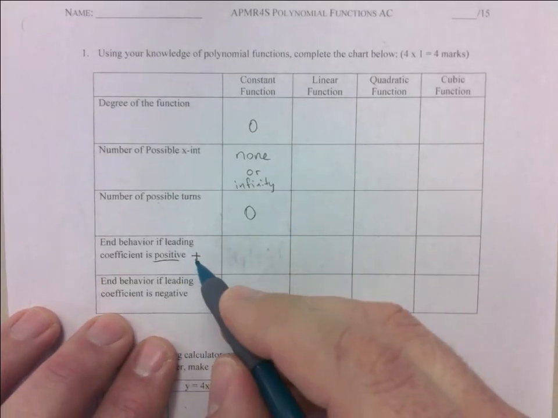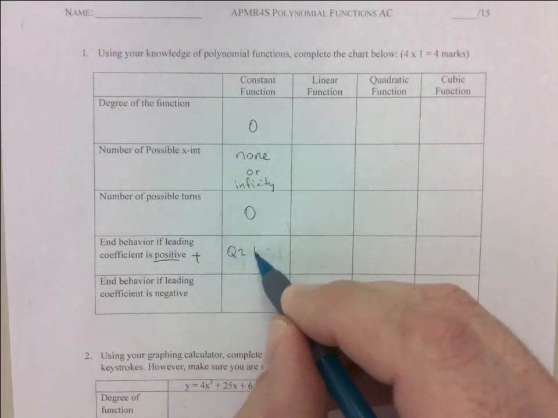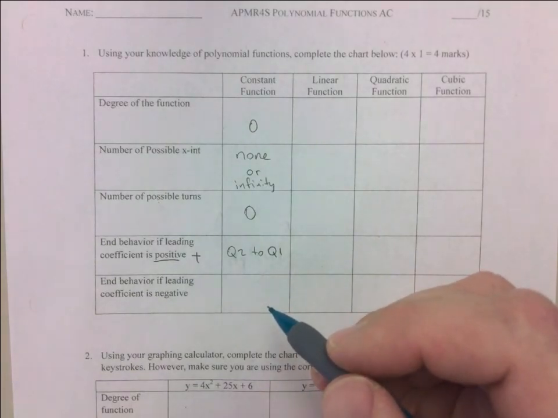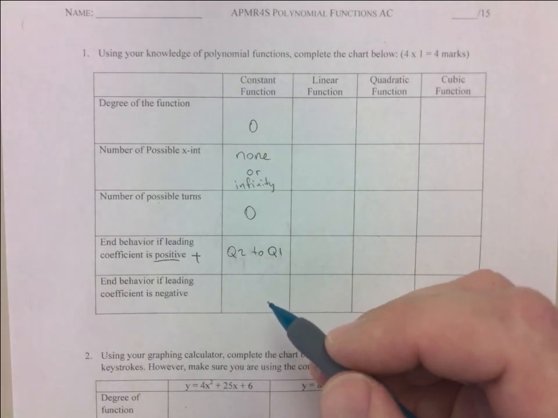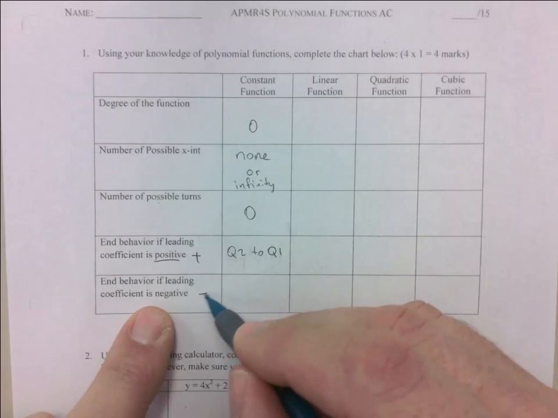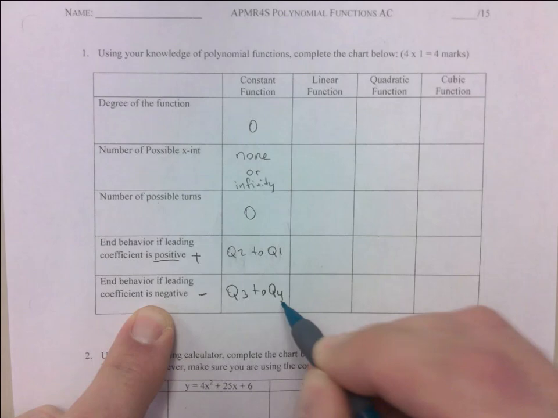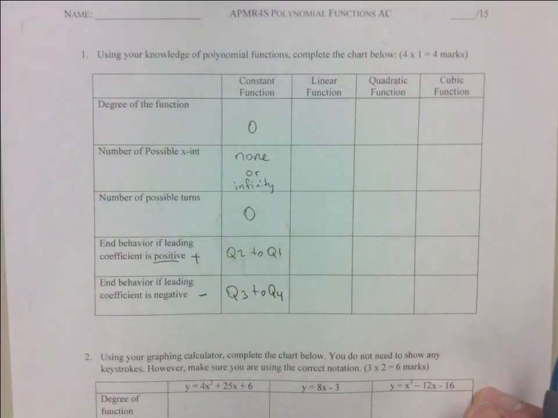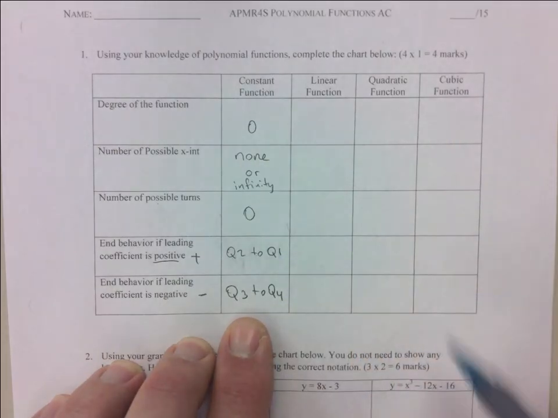If the value is positive, it would go from Q2 to Q1. If you have y is 3, it's up here. It's going to go from Q2 to Q1, right? If it's negative, it's going to go from Q3 to Q4. Technically, there is no leading coefficient there, but if you answer this way, you're fine.